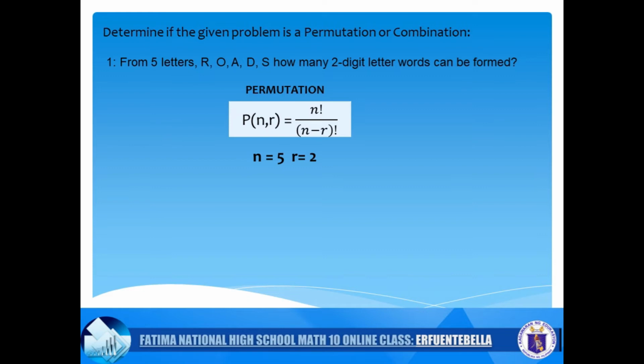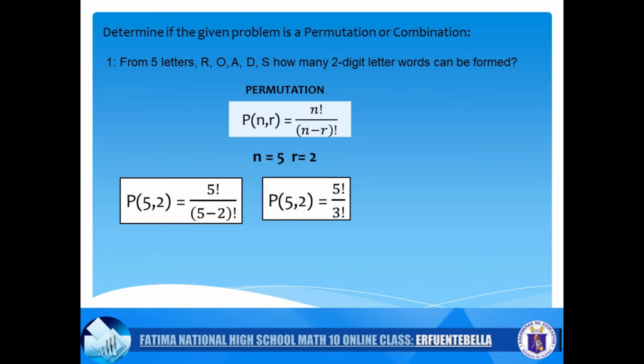Then after that, you substitute to the given formula. So we have this one now. So 5 factorial over quantity 5 minus 2 quantity factorial. Then subtract 5 minus 2. So it is equal now to 5 factorial over 3 factorial.